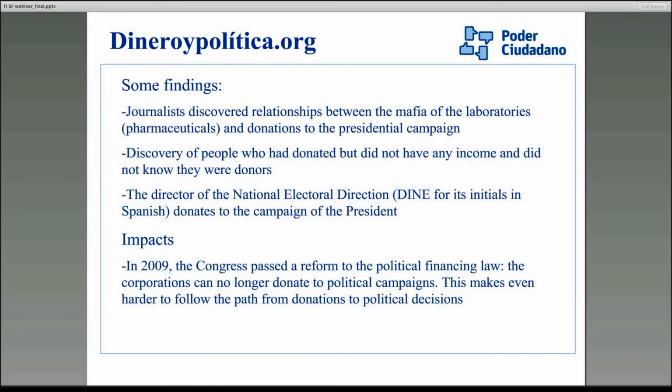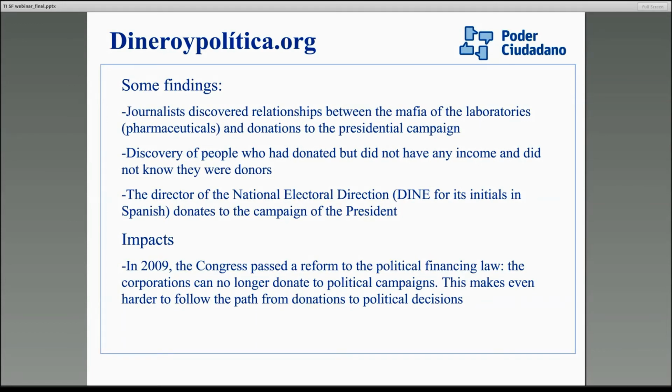So what we were able to do with this database is to provide journalists and scholars and citizens in general an easy and friendly tool to track all the information related to financing. For example, you can easily go into the database and enter your name to see if you appear there as a donor.